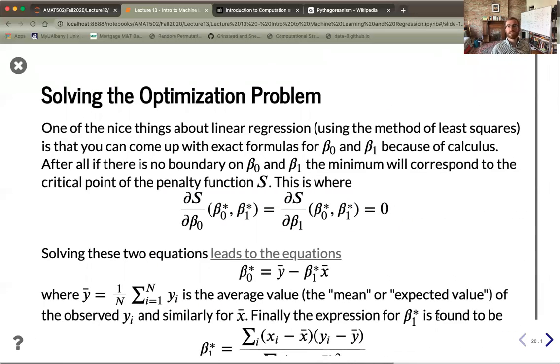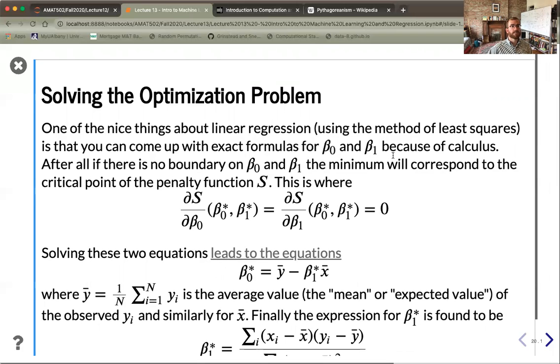So this leads us to how do we solve this optimization problem? Again, learning here is choosing this best value beta star and saying that this is the model which models my data. One of the nice things about linear regression, where I use this method of least squares, is that we can come up with exact formulas for beta 0 and beta 1. In linear regression, we only need these two parameters, beta 0 and beta 1, because we're assuming that beta 2, beta 3 and all the higher ones are 0.